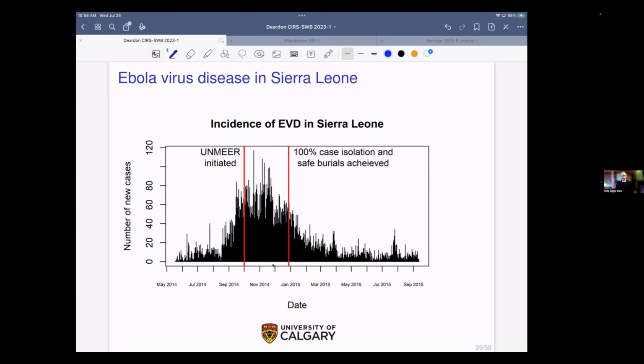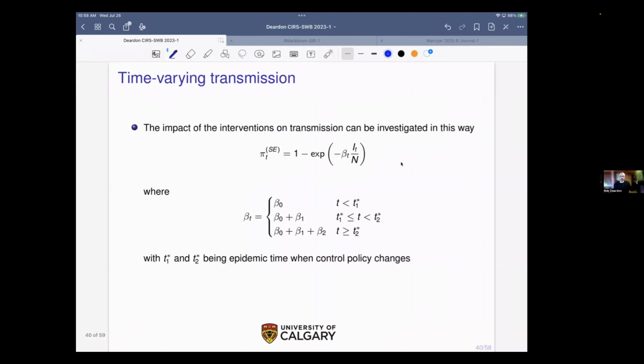It actually took a few months before they felt like they'd reached 100% case isolation and safe burials. So what you could do, and what was very common, is to model your transmissibility so that at some rate at this point changes after the UNMIR policy comes in, and maybe changes again after the 100% case isolation is reached. Okay, so writing down that model is very simple.